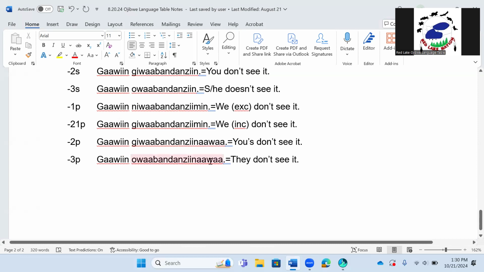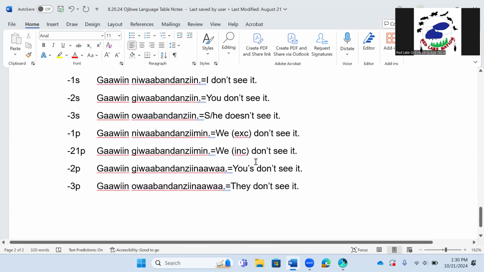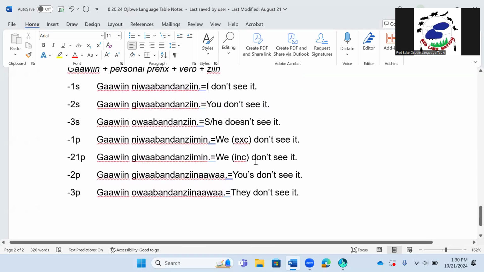So these are just 7 ways that we can conjugate a verb using first person singular, second person singular, third person singular, first person plural, we exclusive, 21P, second and first person inclusive, so we're including everybody, 2P, which is you plural, which is you all, and then 3, if you remember, is she or he or him or her, and then more than one, it's either they or them.